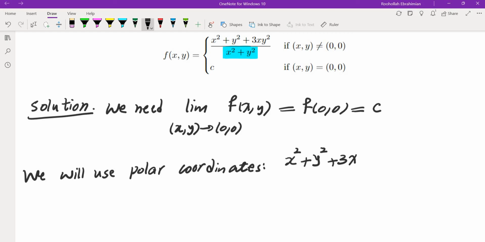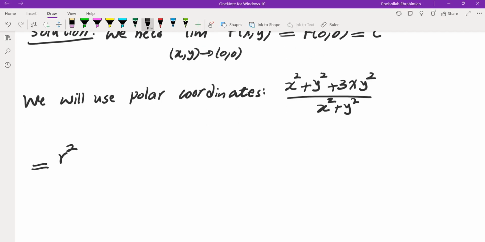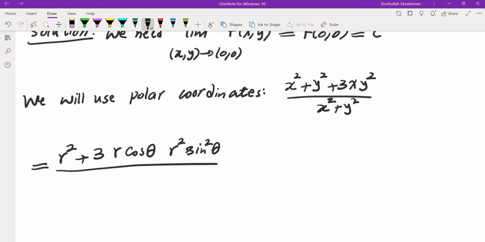So x squared plus 3xy squared over x squared plus y squared is equal to r squared plus 3r cosine theta r squared sine squared theta, divided by r squared. Simplifying this, we get 1 plus 3r cosine of theta sine squared of theta.